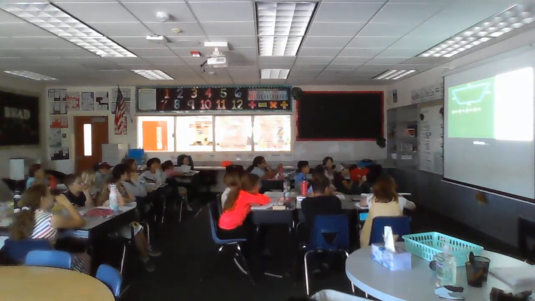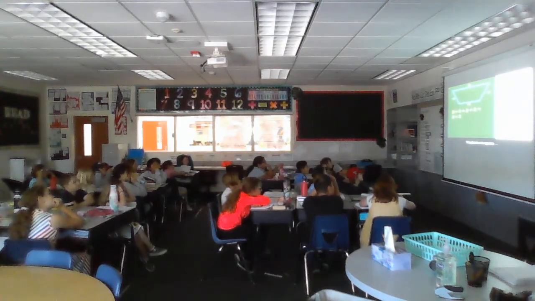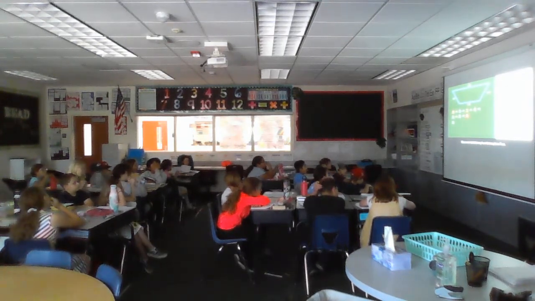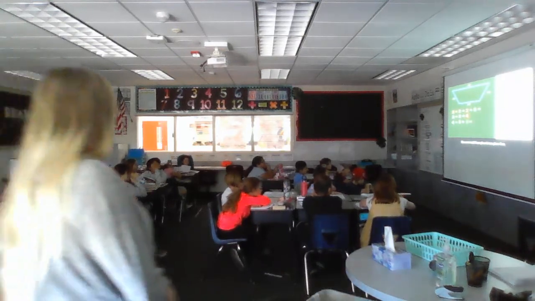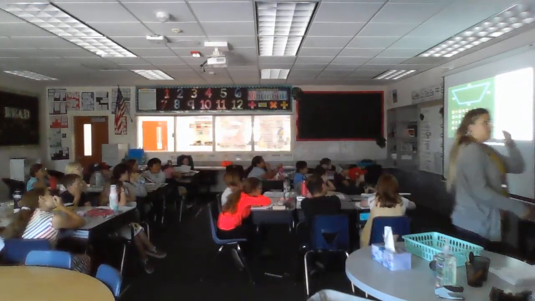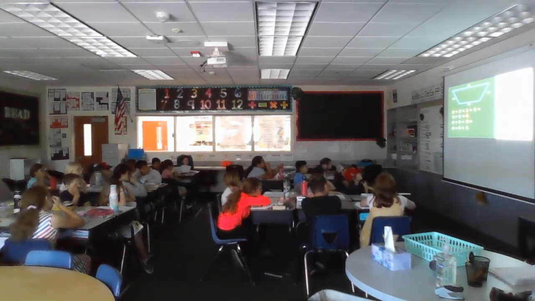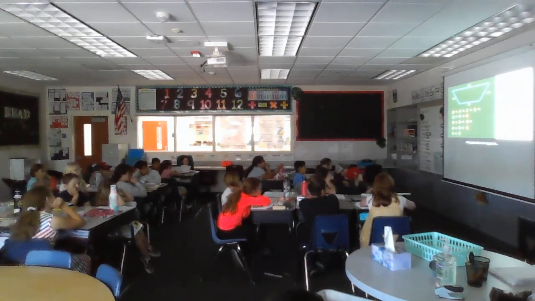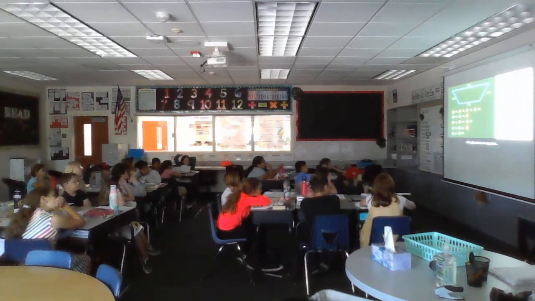Let's see. 2 plus 2 is equal to 4. So now I add 4 plus 3 plus 5. I know 4 plus 5 is equal to 9. 9 plus 3 is equal to 12.